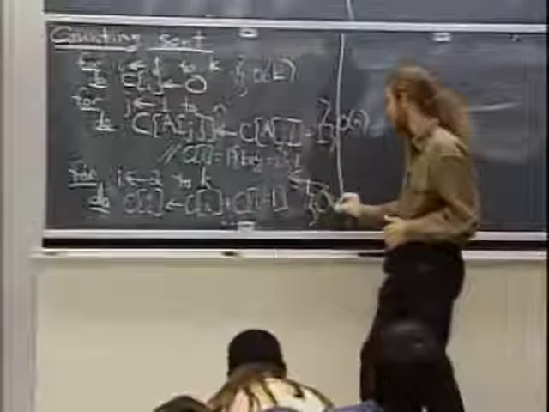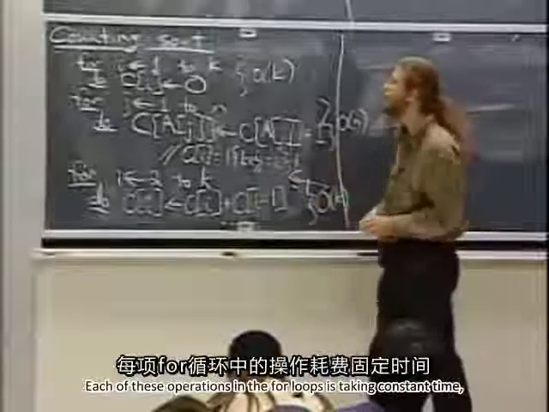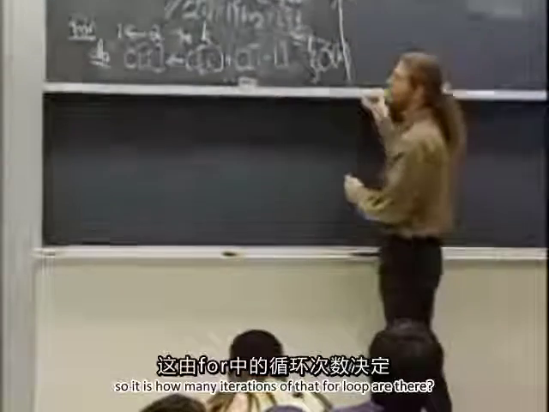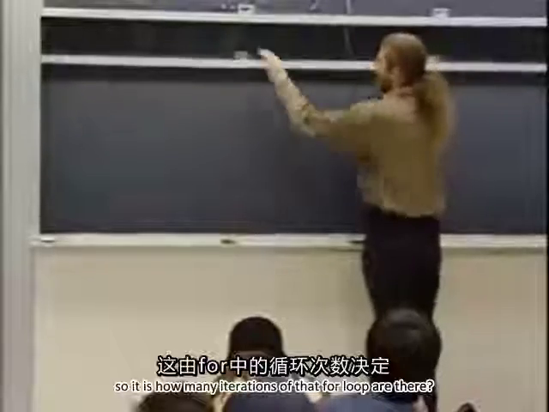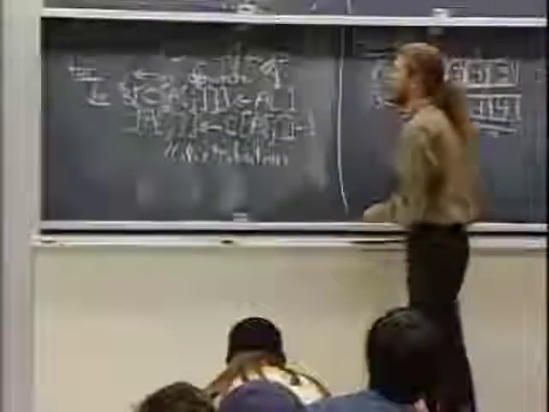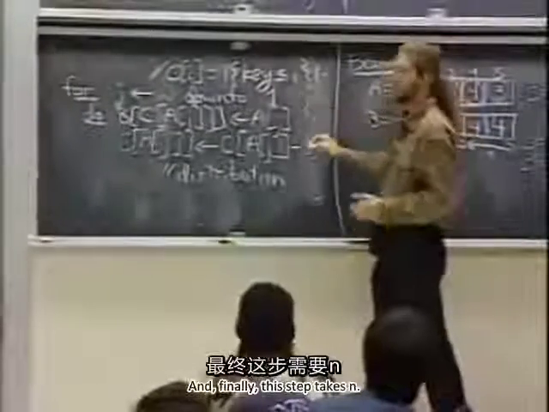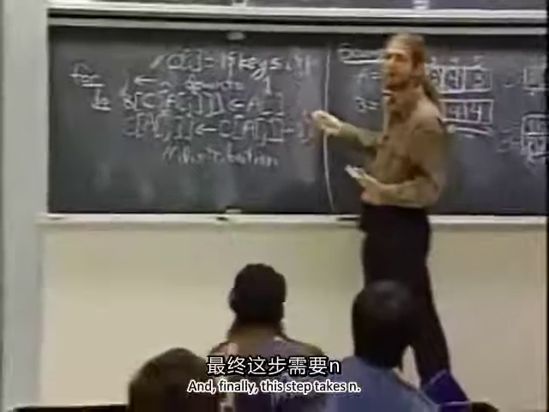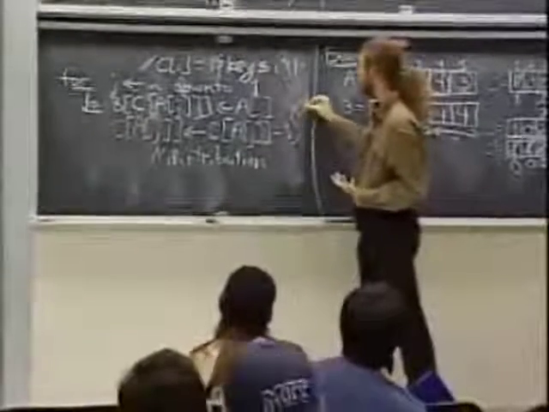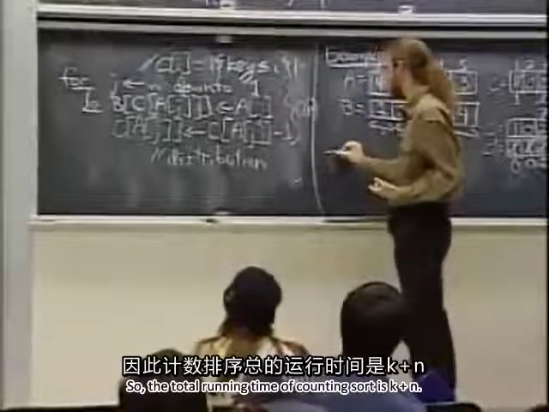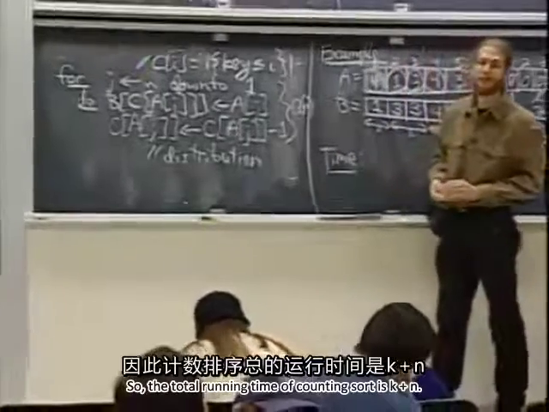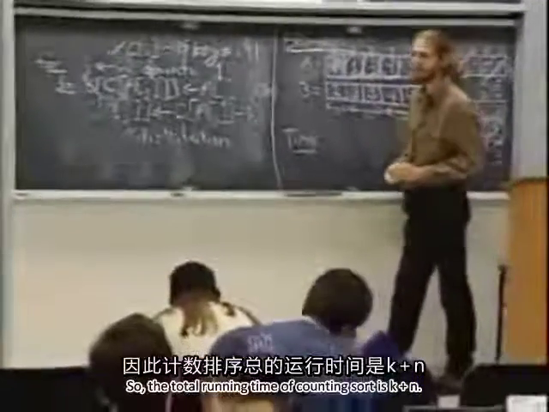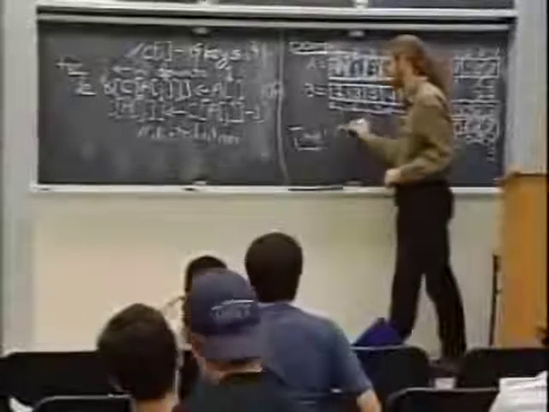Okay. Each of these operations in the for loops is taking constant time. So it's just what is the length of that? How many iterations of that for loop are there? Okay, and finally, this step takes n. So the total running time of counting sort is k plus n.